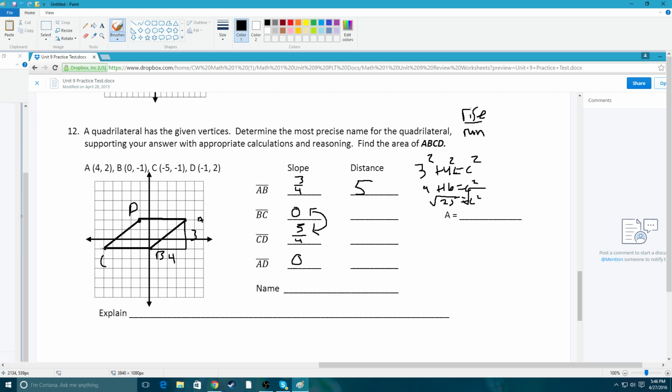If you were to do C to D, you go up 1, 2, 3, right 1, 2, 3, 4. You get the side lengths 3 and 4 again, which means Pythagorean theorem will also give you 5. And for AD and CB, you can just count. So 1, 2, 3, 4, 5 would be this distance. And 5 would be the other distance. So the name of the figure that has all equal sides comes out to be a rhombus. They're all congruent sides.